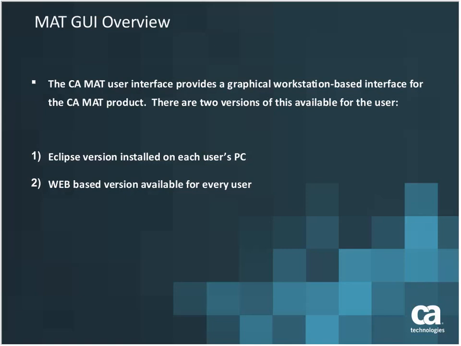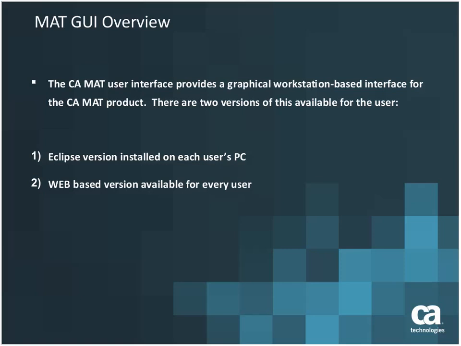I said we were going to talk a little bit about the GUI, but a very little bit. We do have two versions of the GUI, one for each user's PC and one that's web-based. I think, if there's an interest out there, we can do a separate presentation on the GUI, which has its own world and a whole other ball of wax, and a good one, and I should not be the one doing that presentation because I don't know the GUI as well as I know the mainframe side.